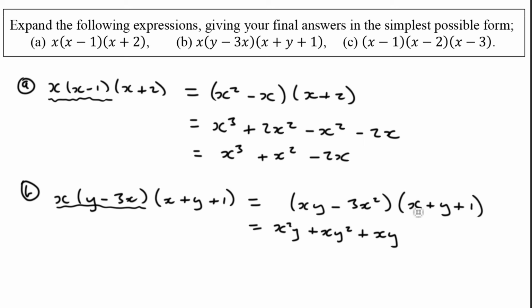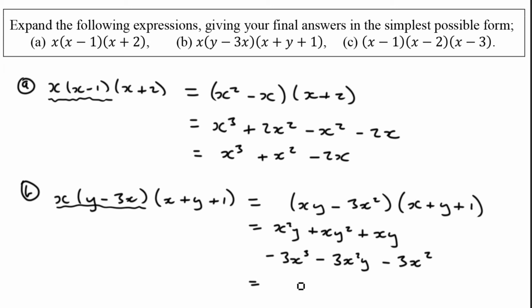Now everything in the second bracket by this second term. Everything in the second bracket multiplied by negative 3x squared. We'll have to subtract 3x cubed, we'll have to subtract 3x squared y, and we'll have to subtract 3x squared.